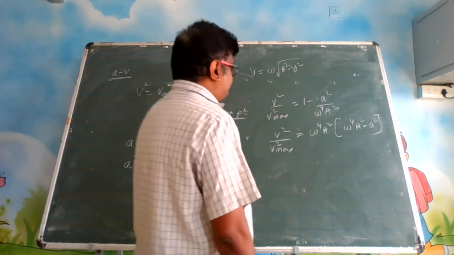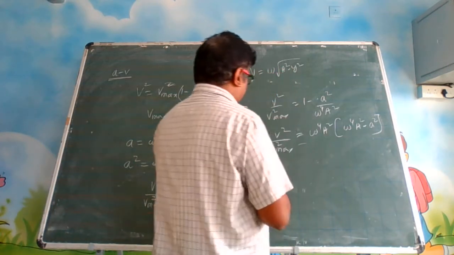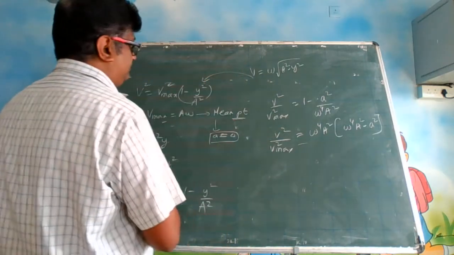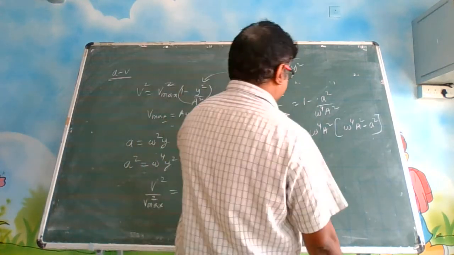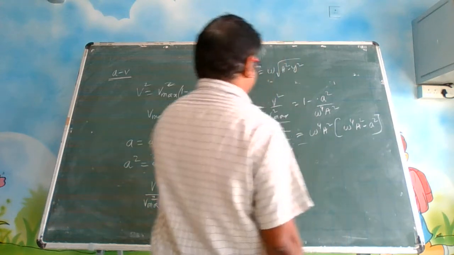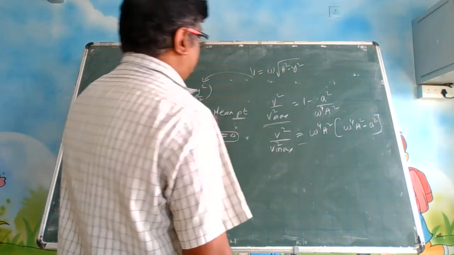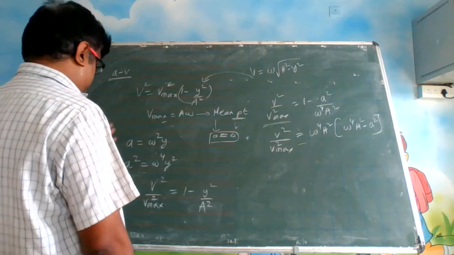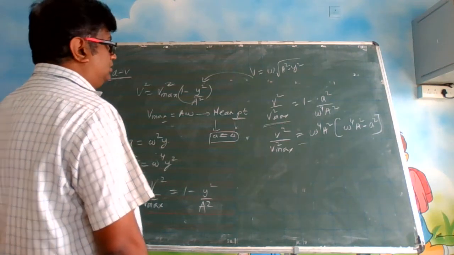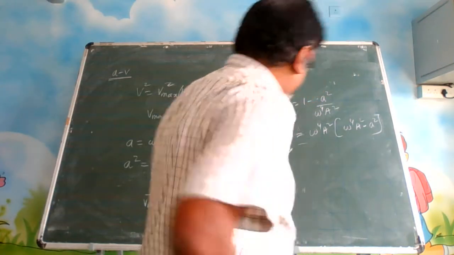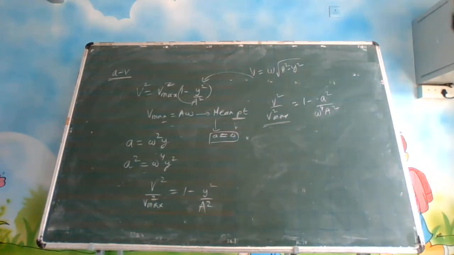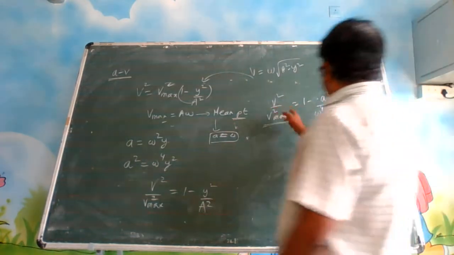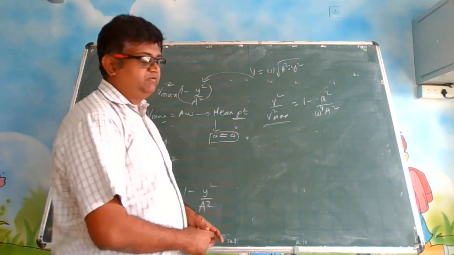So we have to see the relationship between v square, v max and acceleration. Why do we do all this? See, remove this. Here look, it is looking like an ellipse equation now.